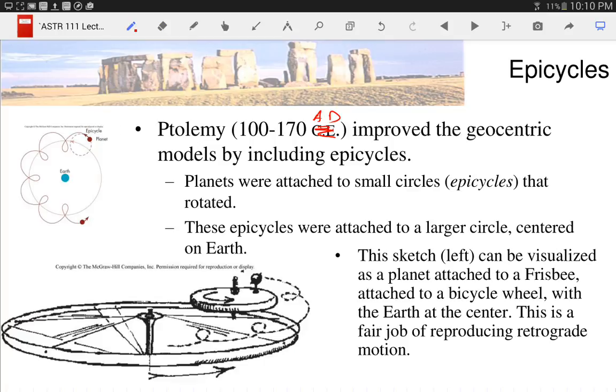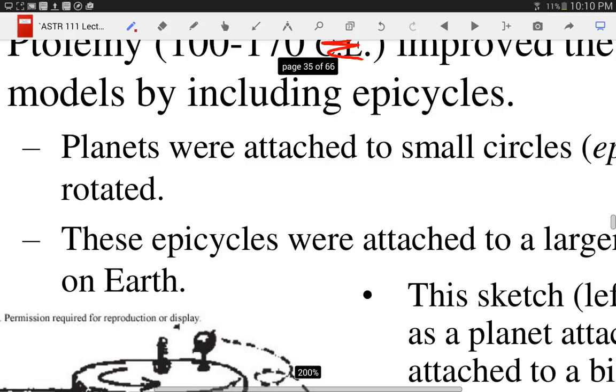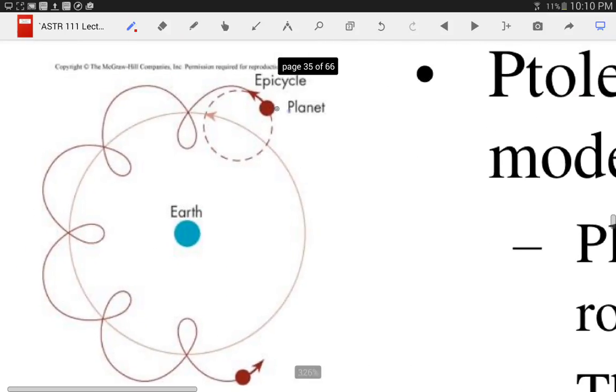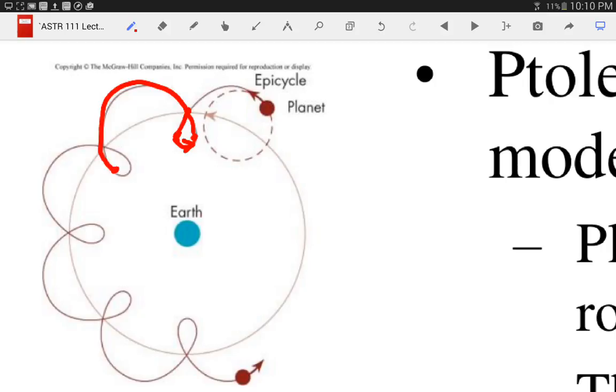And so if you look at this picture here, and I'll zoom in on the picture. As you zoom in, you see that it's going forward up to this point right here, but then it's going backward, retrograde, from there to there. And then it goes forward again until we get to here.